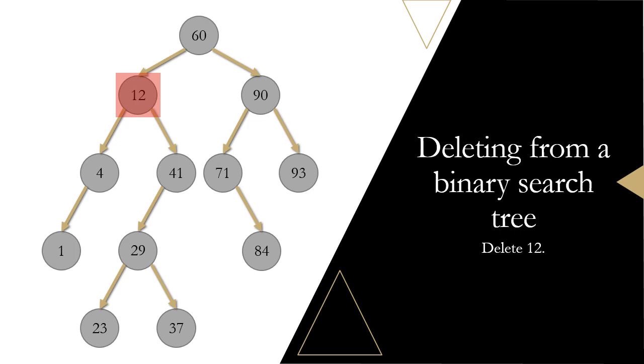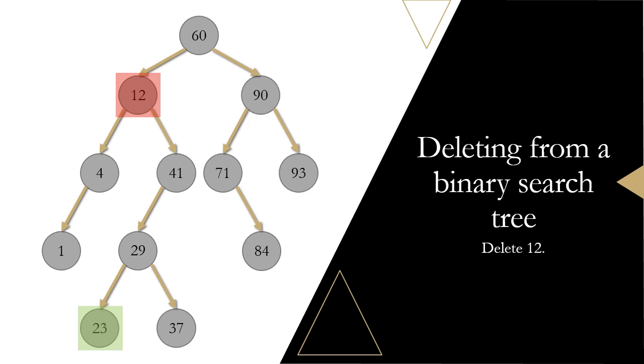The logical successor of a node is always found in its right subtree. The right subtree of 12 is rooted at 41. The logical successor is the minimum value in the right subtree. The minimum value in the right subtree of 12 is 23. So 23 is the logical successor of 12.